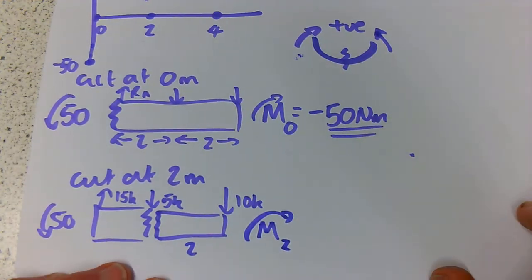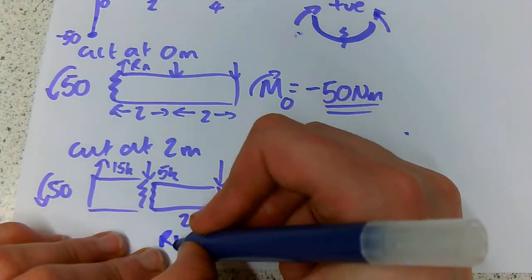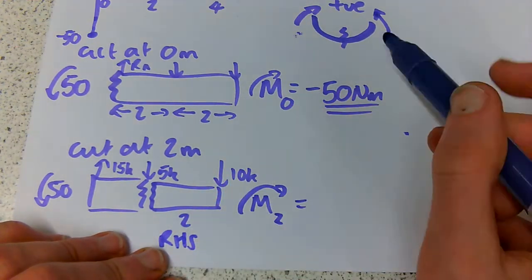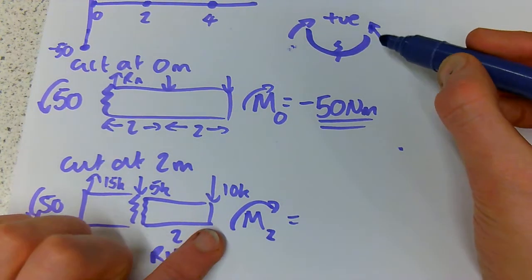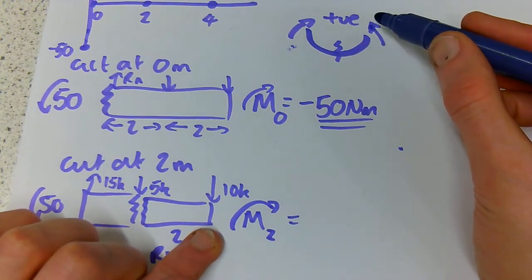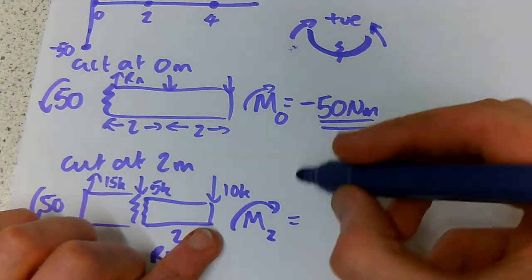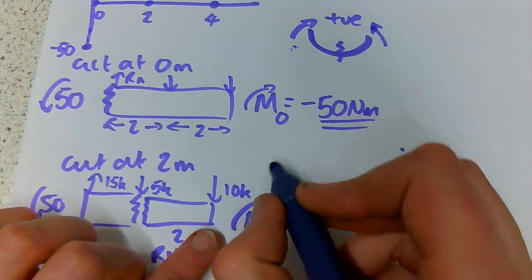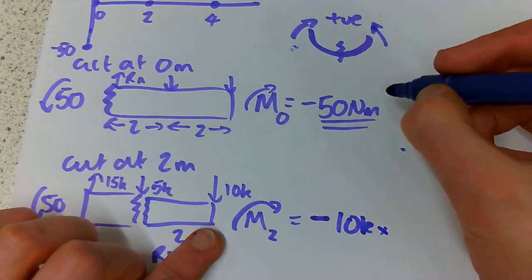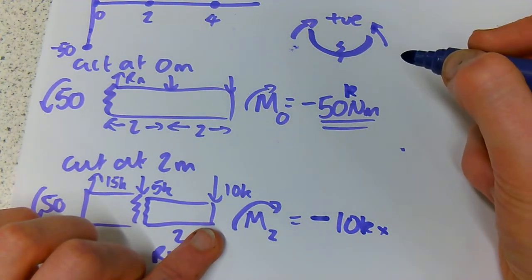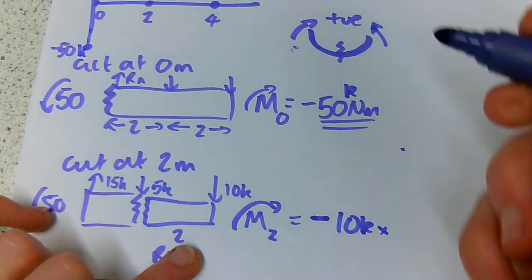at 2 meters would be equal to, looking at the right hand side, if I have a force that is acting upwards, that is positive, causing it to bend upwards. Here, this force is acting downwards, so it's going to be a minus, and it is the size of our force, 10k, times, oh, that's missing a k off this, a factor of 1,000.